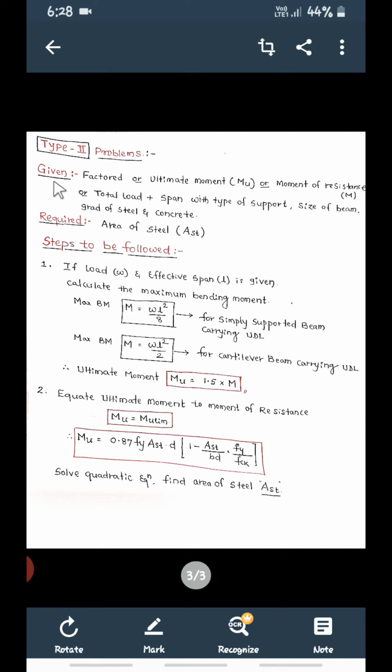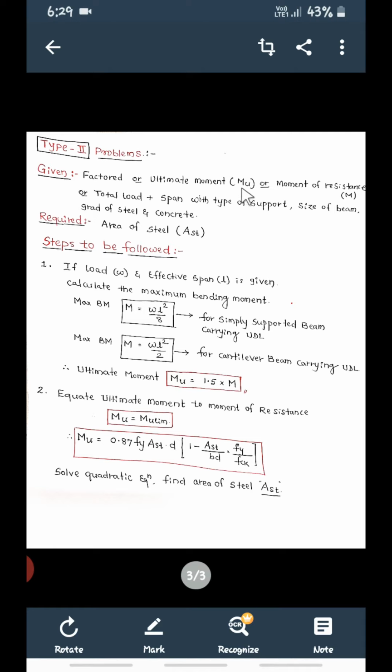So in type 2 problems the given data are the factored or ultimate moment. So here directly the factored moment Mu or Mu limit will be given. Okay, factored or ultimate moment Mu or M will be given. In the previous case we calculated Mu or Mu limit depending upon under reinforced or over reinforced.